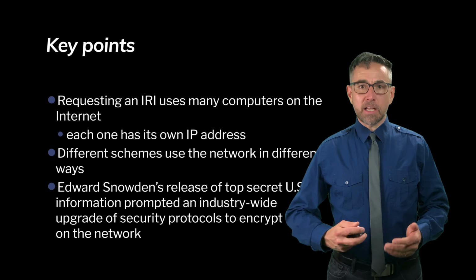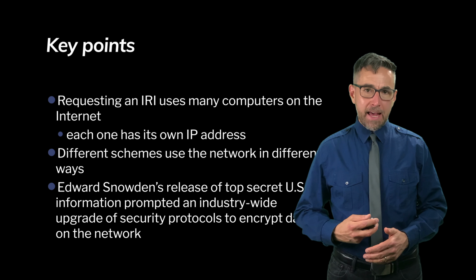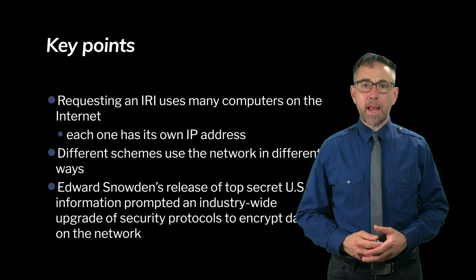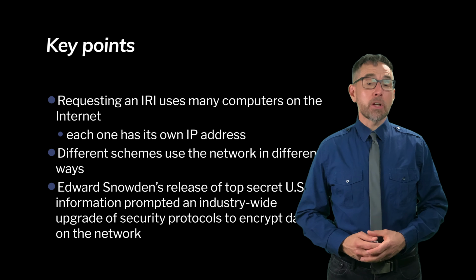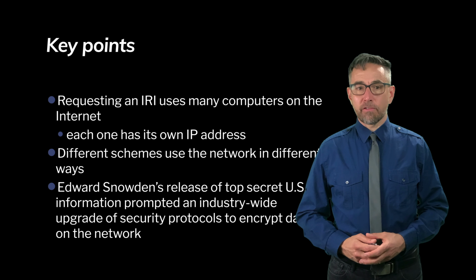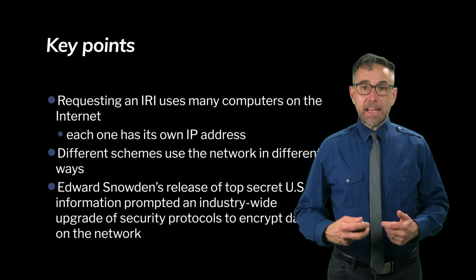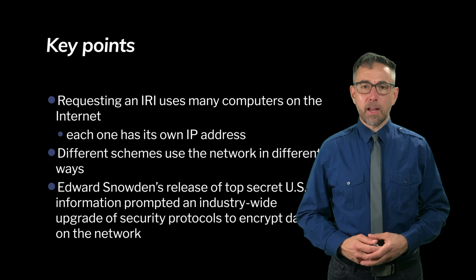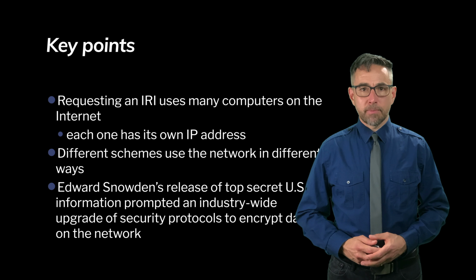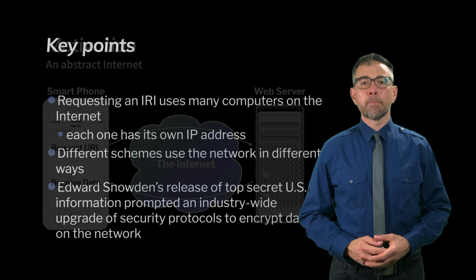Different schemes, for example, HTTP and HTTPS, use the network in different ways in order to get the information to you. As a result of Edward Snowden's release of top-secret US information, an industry-wide upgrade of security protocols was prompted in order to encrypt data on the internet, on the network, by default. Let's talk about some of those things.